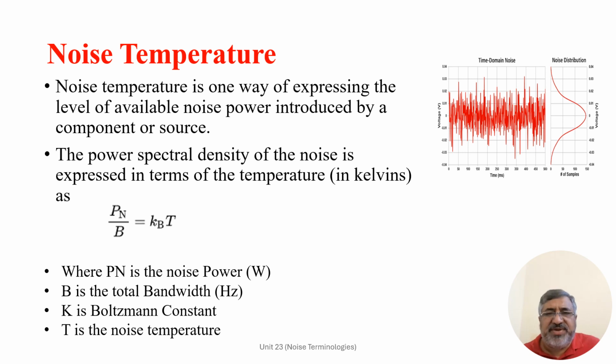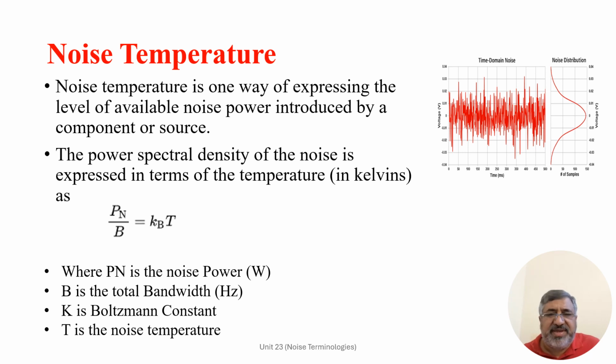The noise temperature of the system is defined as the temperature at which a noisy resistor will produce the same amount of noise power at the system output as that produced by the actual system.